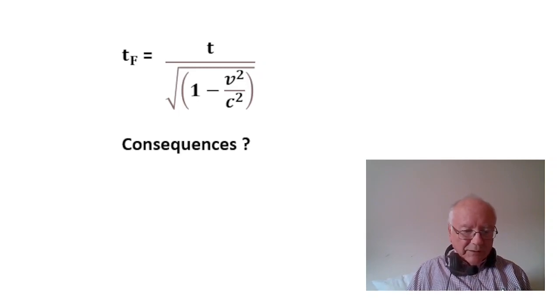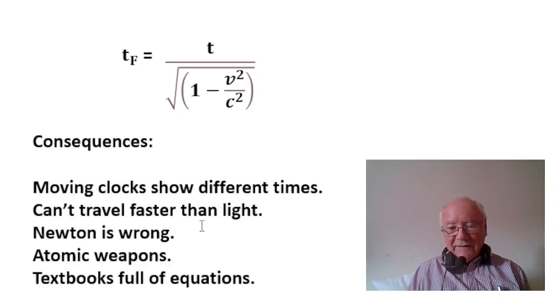So what are the consequences of this formula? Well, it turns out that there are quite a few. First of all, moving clocks show different times. Unless v equals 0, tf and t are different to each other.